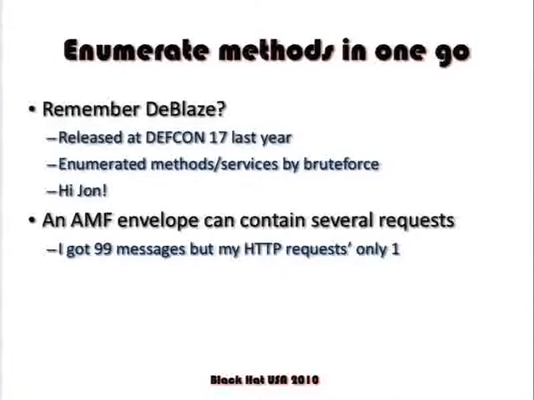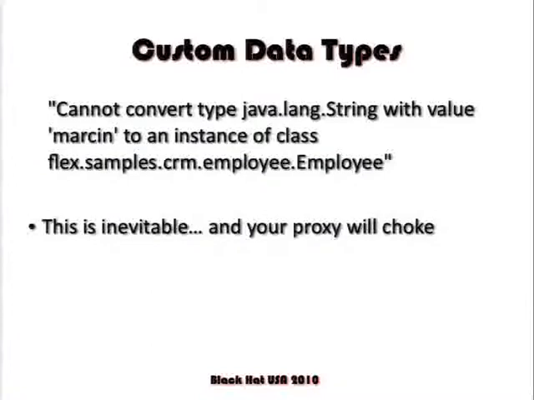You probably will run into cases where the Flex client is actually passing back custom objects to the server. So say you have some employee object. When your proxy goes to actually try to deserialize this, it's going to choke on it because it doesn't know the structure of that object. So what we could do in literally 4 lines of Python is create an object factory. And this object factory is just basically a dictionary behind it.